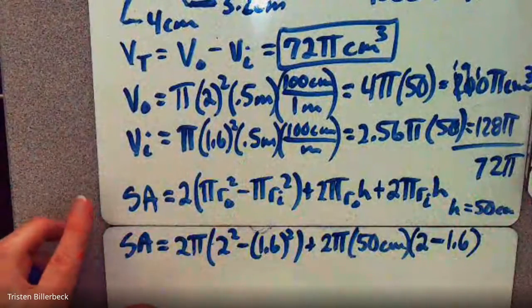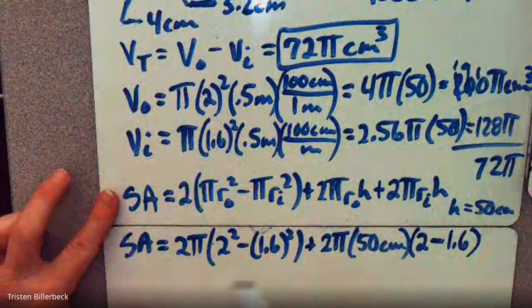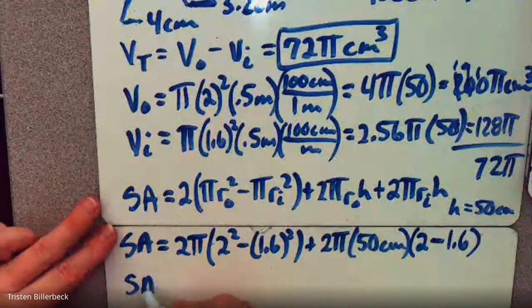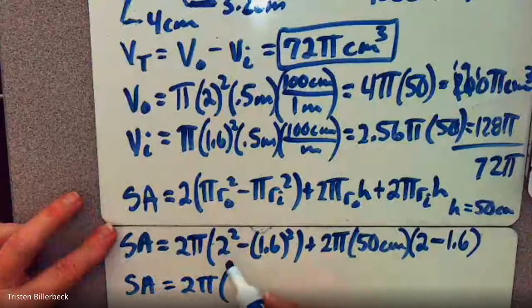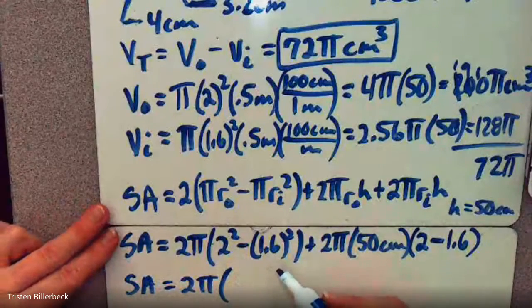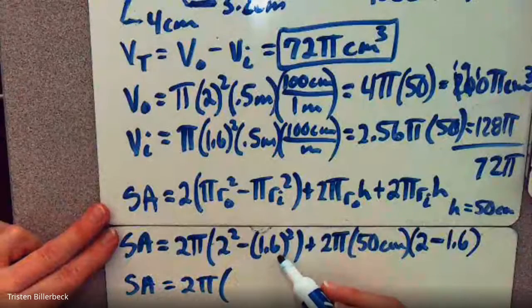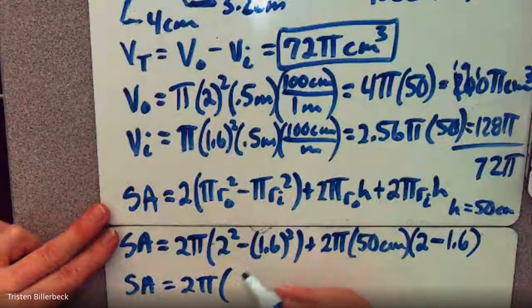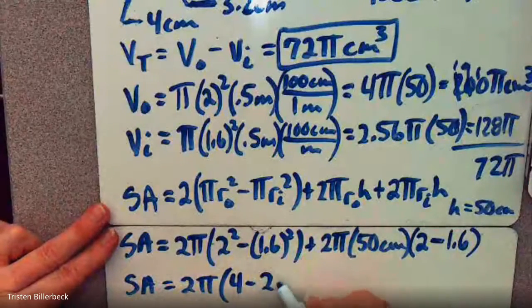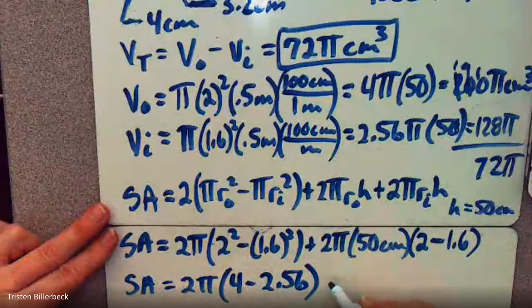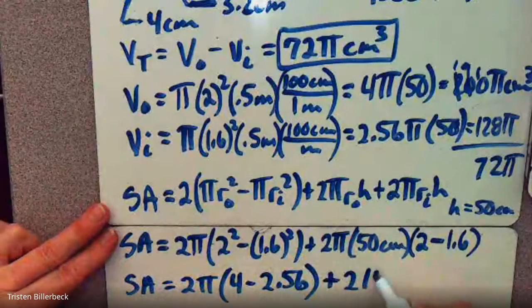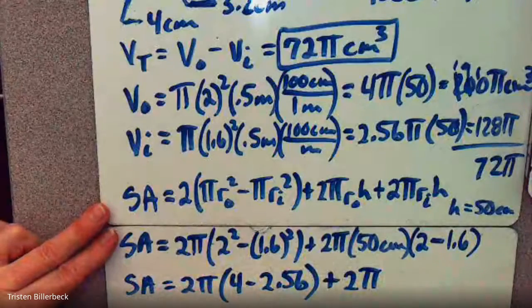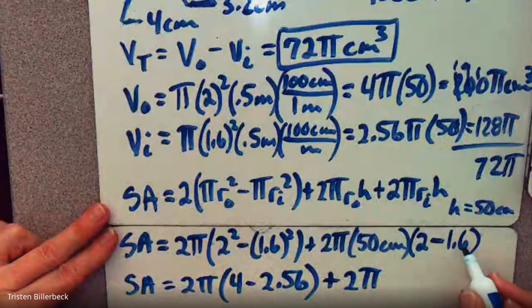Okay, so we've got that. Now they both have a 2 pi. So let's pull the 2 pi way over here. So 2 pi, and that's 4. And then we had 1.6 squared was 2.56. So we have 4 minus 2.56 plus, well, I guess I'll just keep the 2 pi here. And then this is 2 minus that is 0.4.